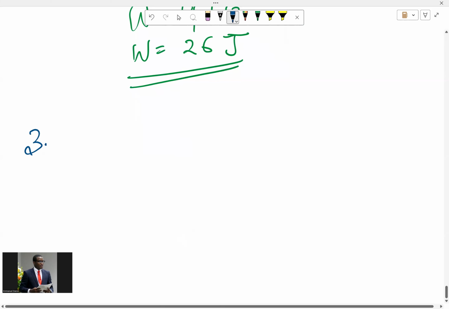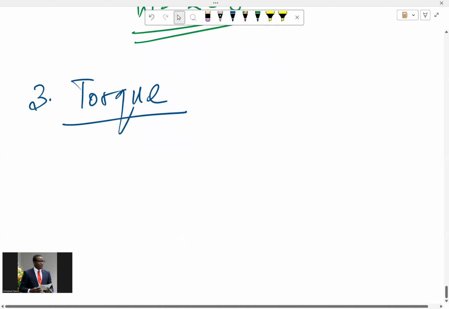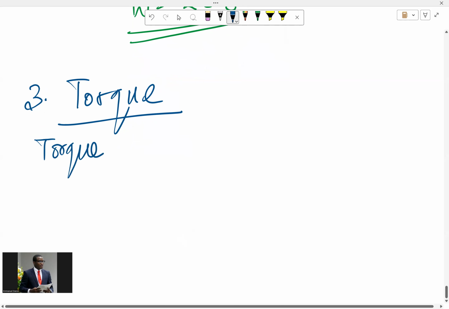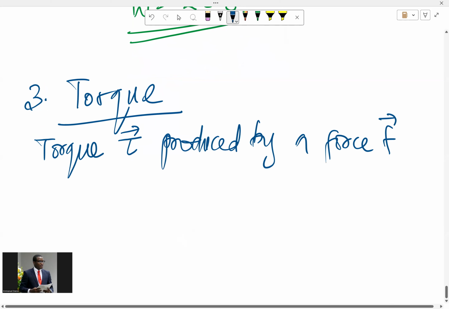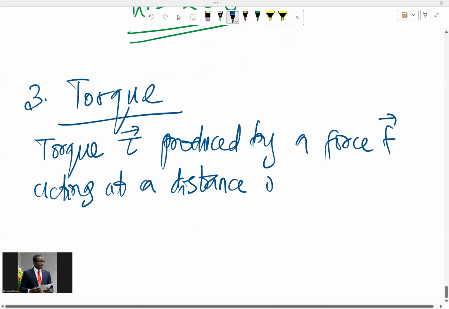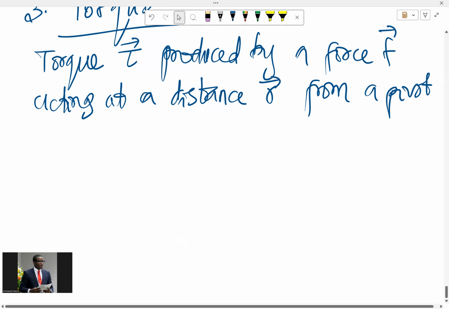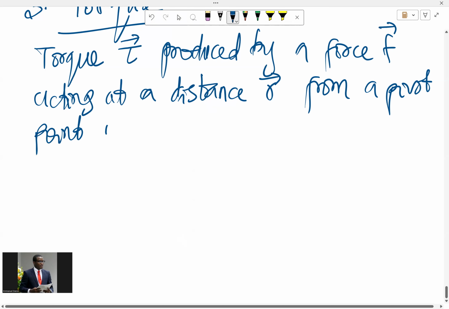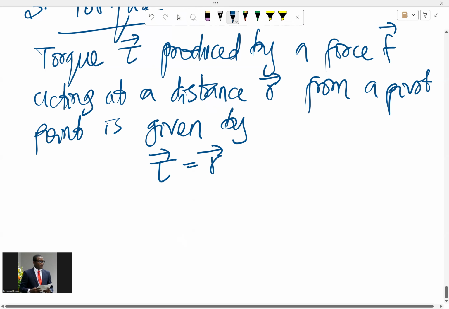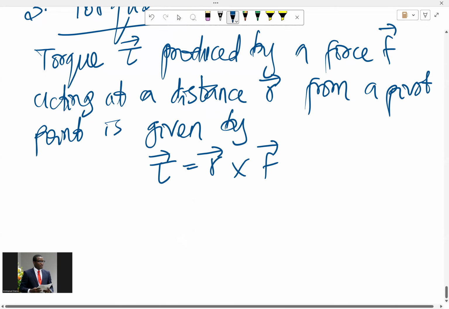Torque, which is tau, a vector, produced by a force F acting at a distance R from a pivot point, is given by tau, which is the torque, equals the cross product of the distance R and the force itself. So here we have cross product coming into it.